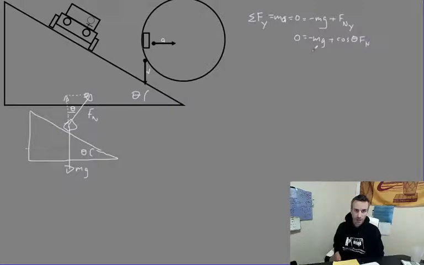Okay, and so that means that the normal force is equal to, and that's what I'm going to do, I'm going to solve for the normal force, and I'll explain why in a moment. We add mg to each side and divide by cosine theta. Okay, so that is the normal force, and I'll come back to that in a bit.